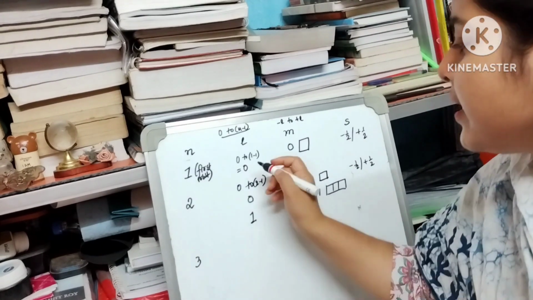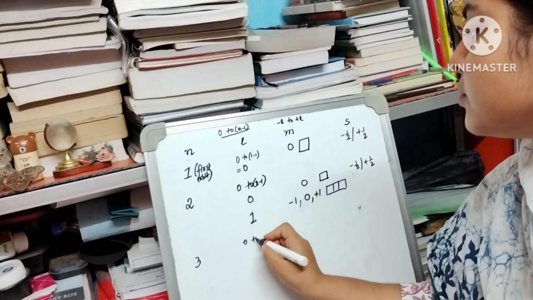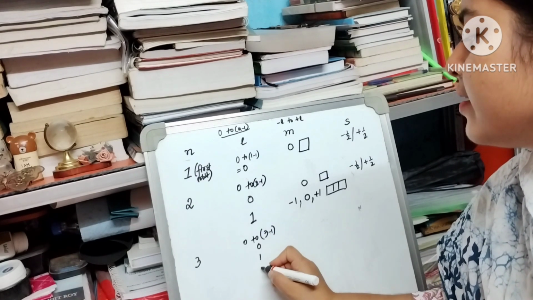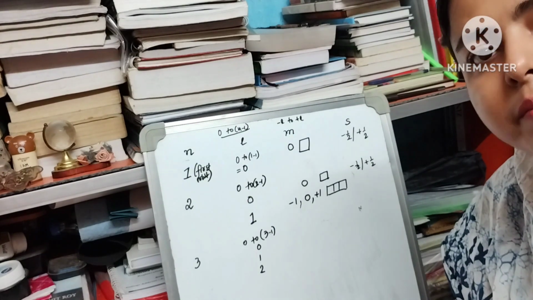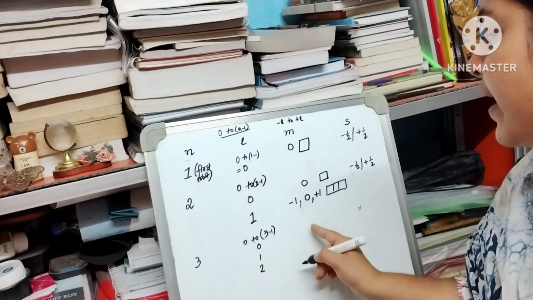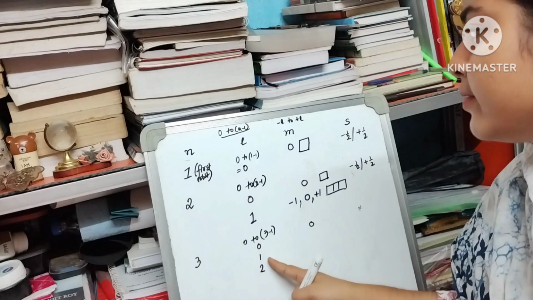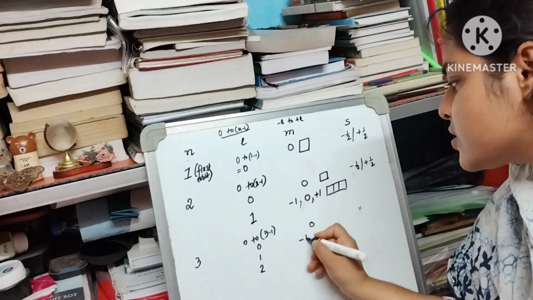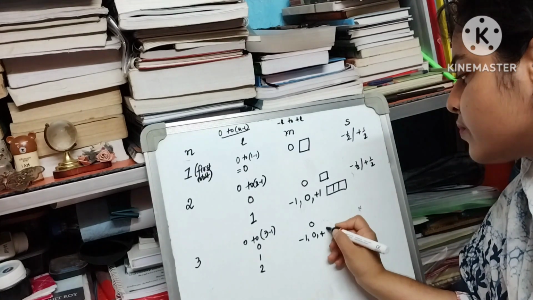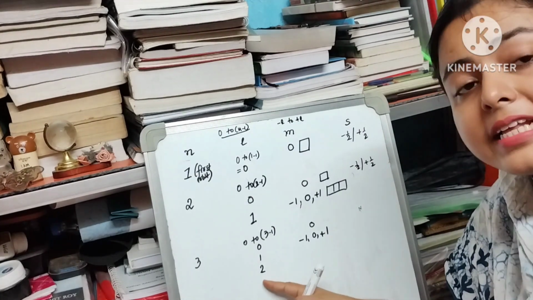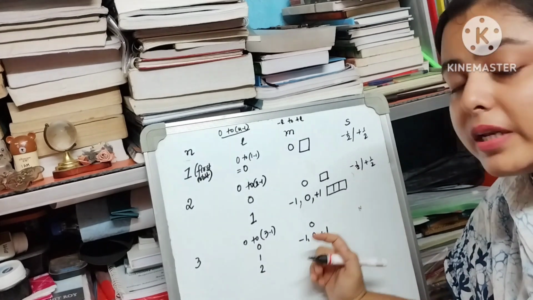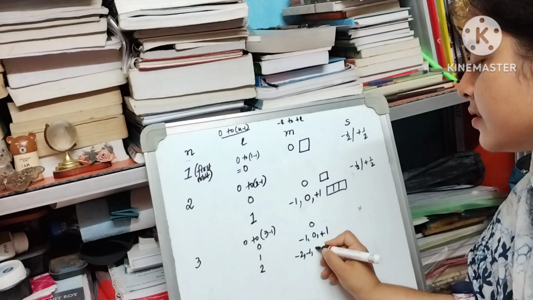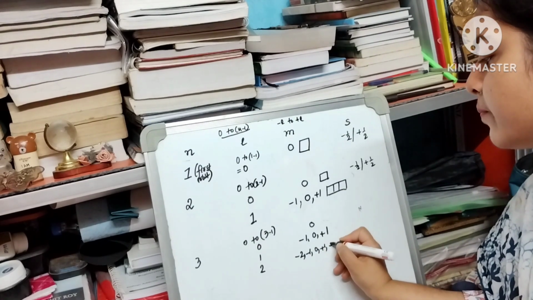For n equal to 3, L will be 0 to 3 minus 1, so 0, 1 and 2. For L equal to 0, m will be 0. For L equal to 1, m will be minus 1, 0, plus 1. And for L equal to 2, m will be minus 2 to plus 2, so minus 2, minus 1, 0, plus 1, plus 2.